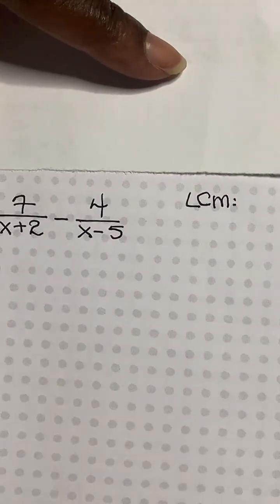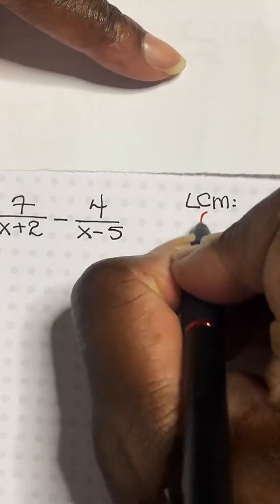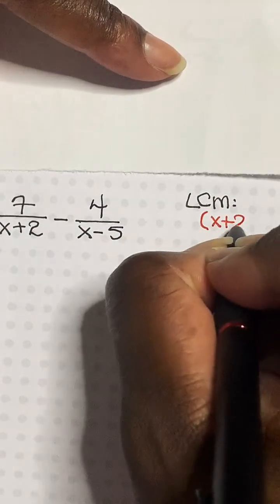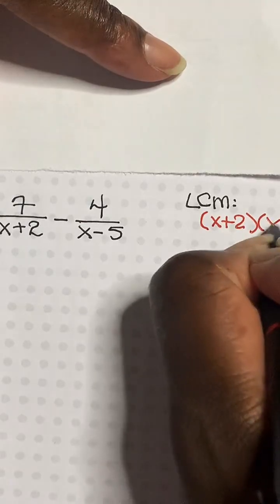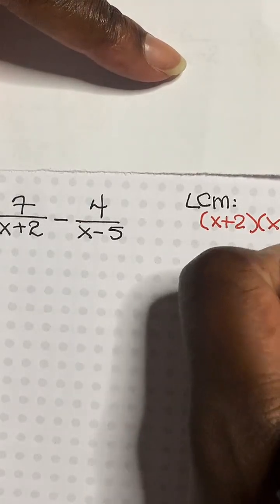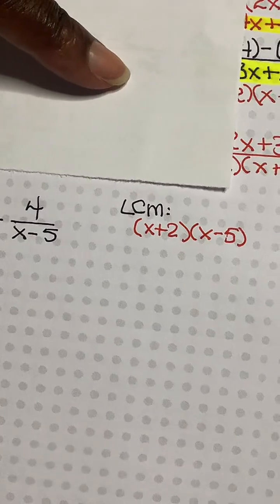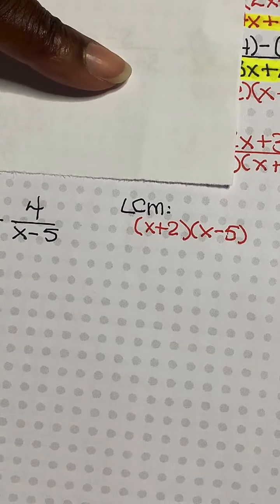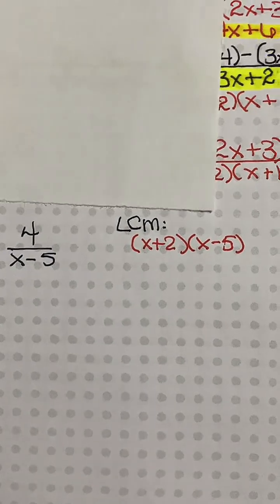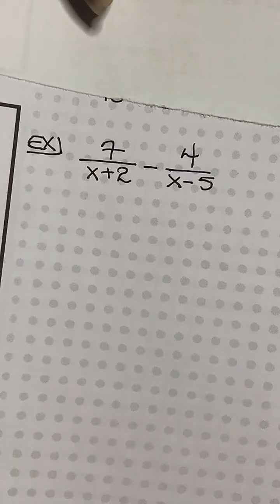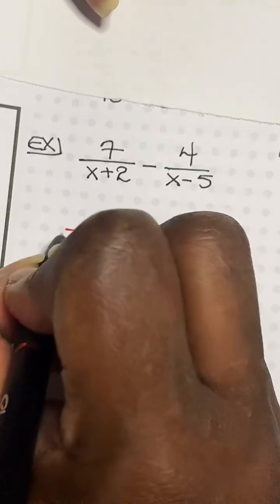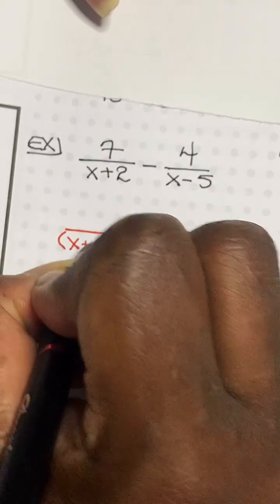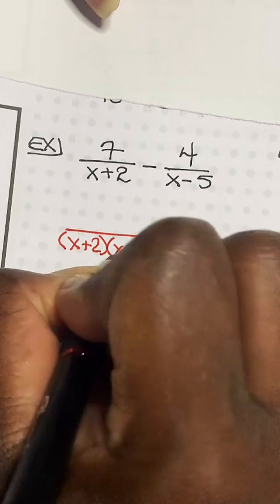So my LCM is going to be x plus 2 and x minus 5. We're just going to multiply our denominators. And in order for us to have that common denominator, we got to do a little manipulating. So for my common denominator here, it would be x plus 2, x minus 5.